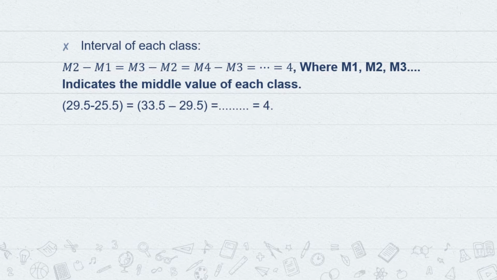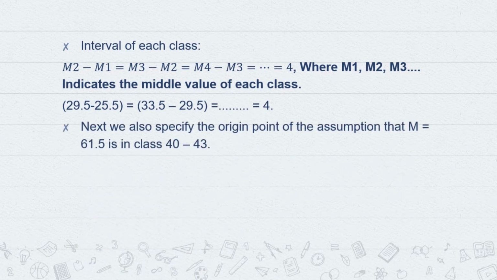the third formula. Next, we also specify the origin point of the assumption, that M equals 41.5, which is in class 40 until 43. Selection of the point of origin assumption should pay attention to the large frequency to facilitate calculation and influence the value of deviation.